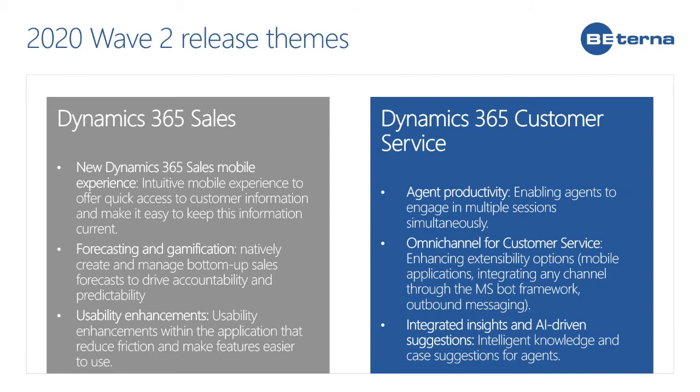So we know where they made the main improvements, where they added main new functionalities, and what was actually their goal. So for this October release, Microsoft has divided this focus into 3 points for sales and into 3 points for customer service.